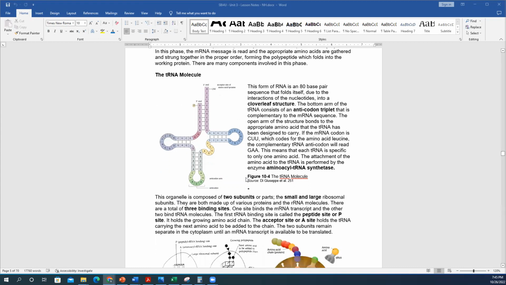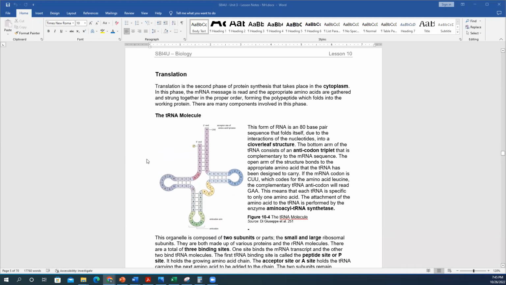So we talked about the different types of RNA molecule. The tRNA molecule, this is the transfer RNA molecule. It has this type of cloverleaf structure, and the bottom arm of the tRNA, that's where the anticodon triplet is located.